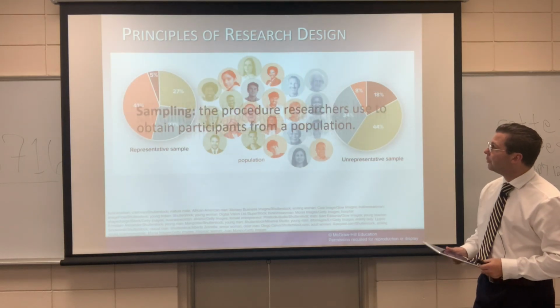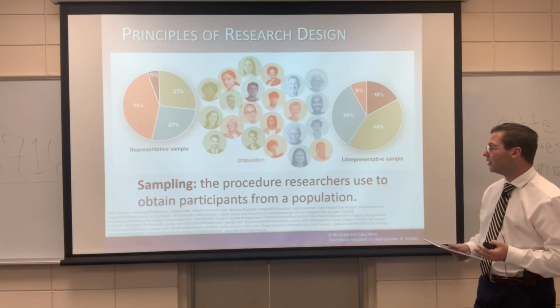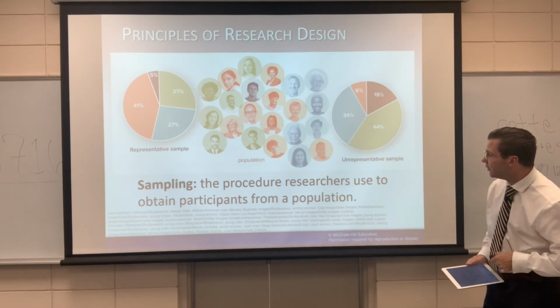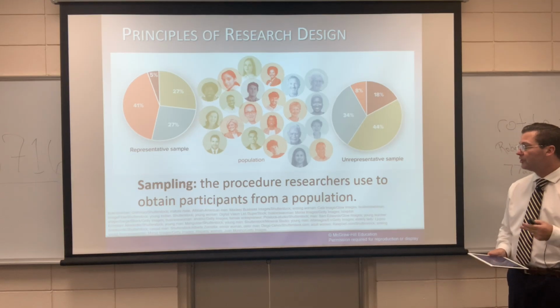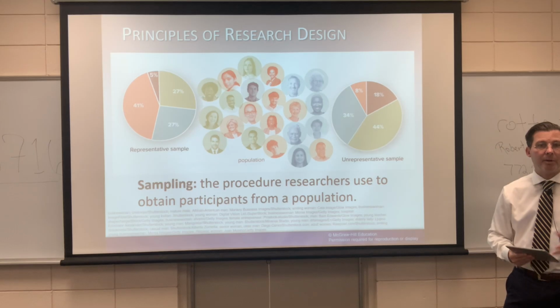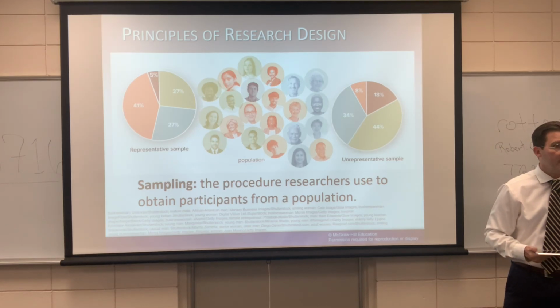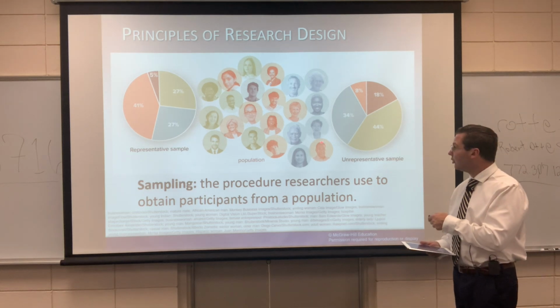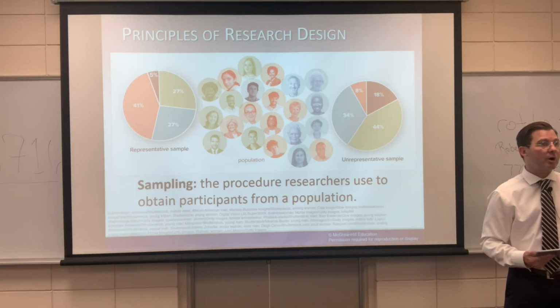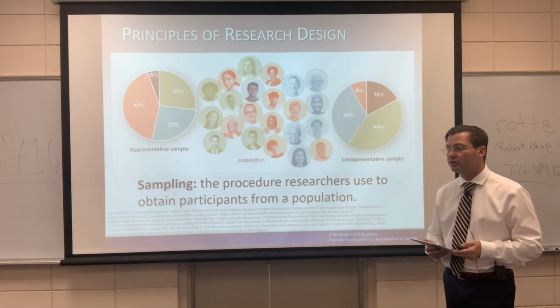So here's an example. This could be kind of difficult to understand, but it says here that sampling is the procedure researchers use to obtain participants from a population. Let's just say that the population we want to sample is 2,200. Each of these circles filled with people represents 100 people, giving us a total of 2,200.